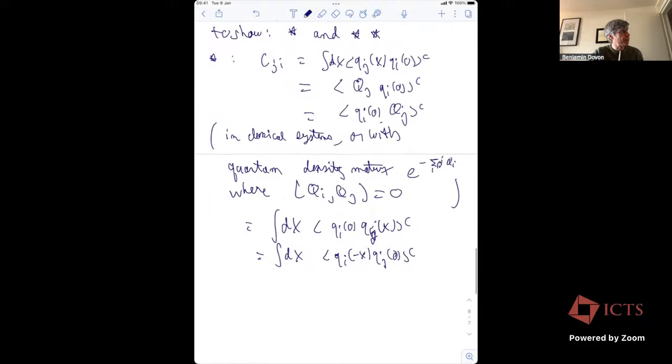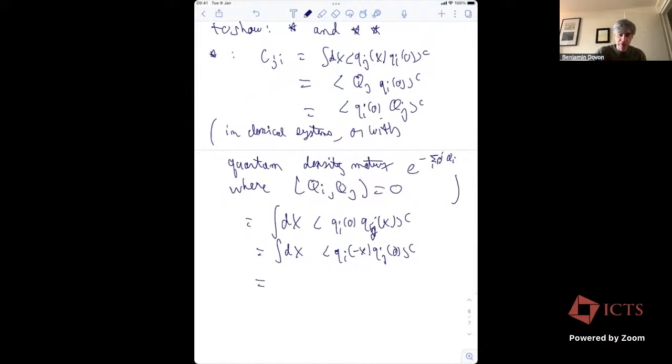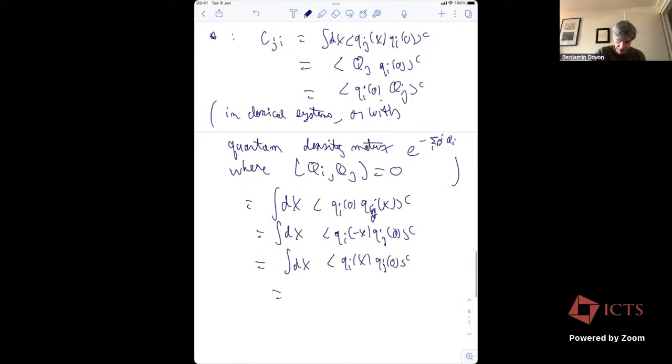And then I can use a change of variable x to minus x. So this is qi of x, qj of 0. And this is indeed Cij. So this is the fact that C is symmetric.